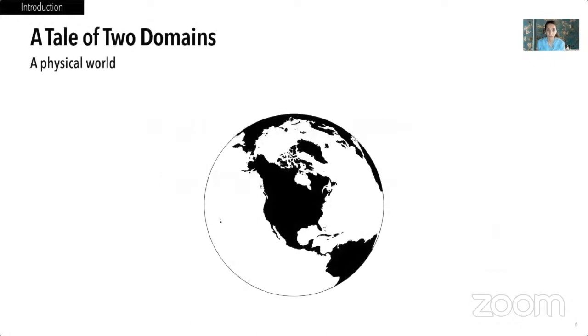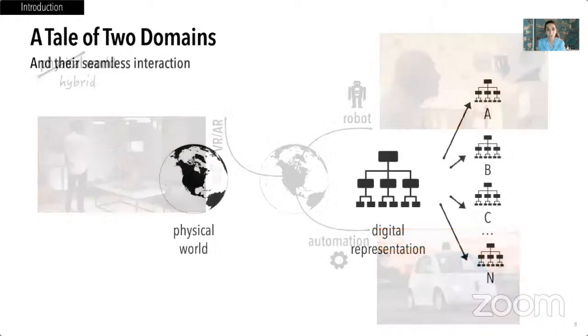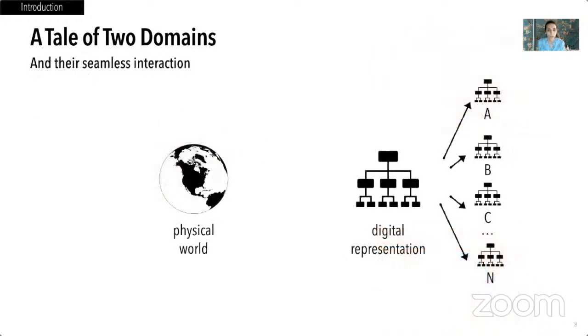We are currently living in a physical world, but we are quickly transitioning into a hybrid one, where alongside us, we'll see virtual and augmented reality applications. Robots are going to live alongside us, and we'll see a lot of automation occurring around us. So what we would like to do is to have a physical world and digital representation in a way that is general for all applications. And from there, we can harvest application-specific ways to represent this information.